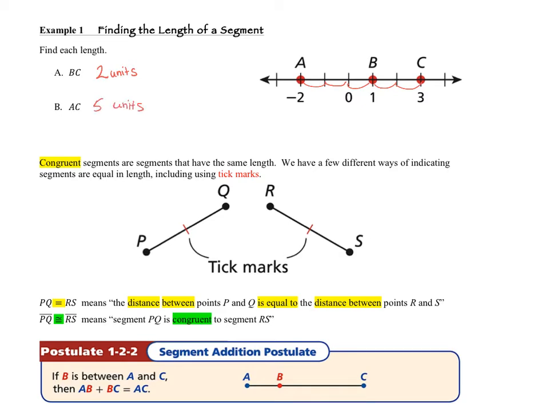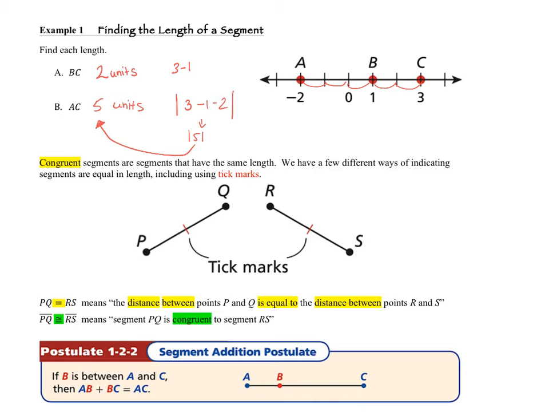Or you can take the absolute value of 3 minus the other endpoint, -2, which becomes absolute value of 5, which is 5 units. Okay? And the 2 units, we could have calculated C minus B. 3 minus 1 is how I got 2.